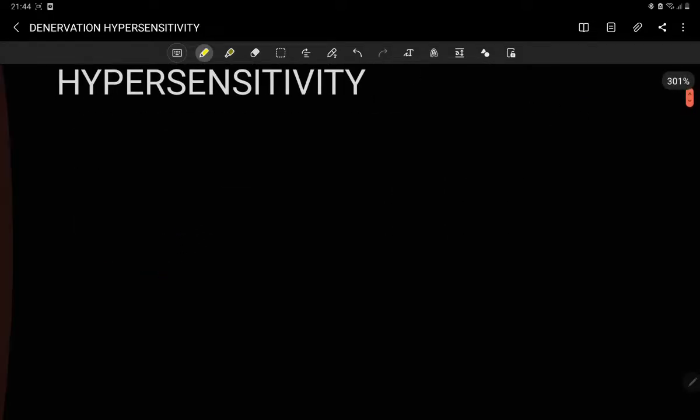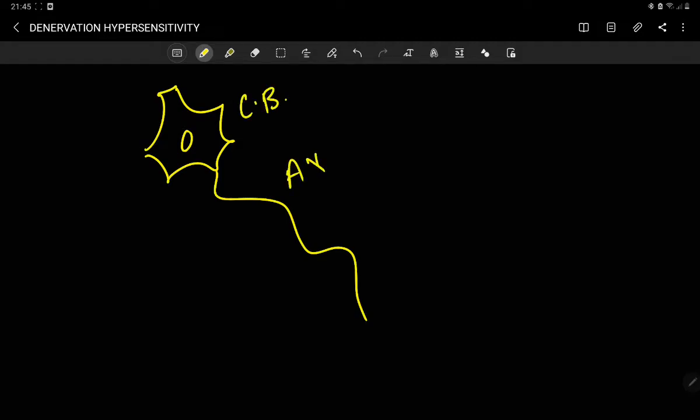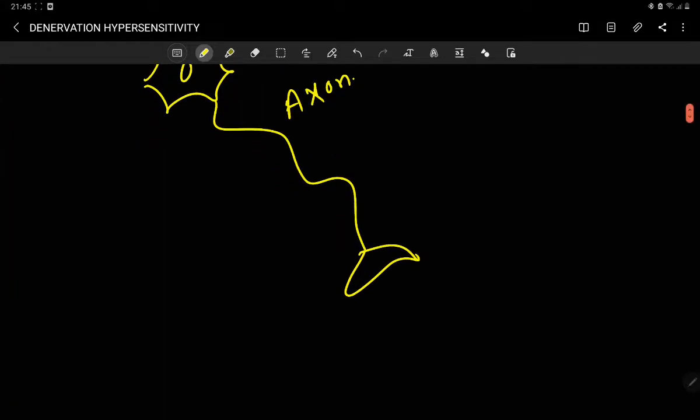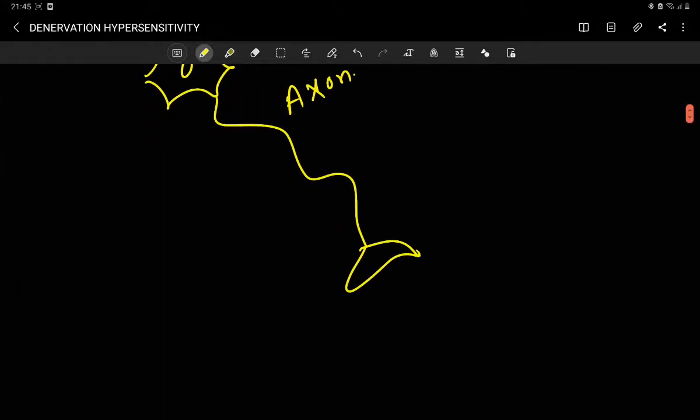So guys, let's imagine this is your neuron. One neuron, and obviously this is the axon of this neuron, and this is the cell body. This is the axonal terminal, and this axonal terminal is synapsed with muscles, like this.